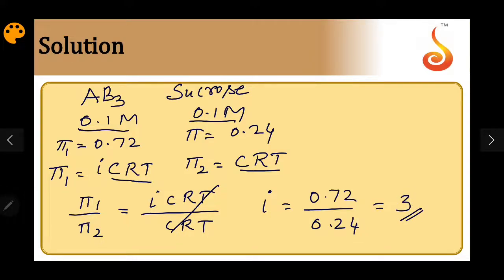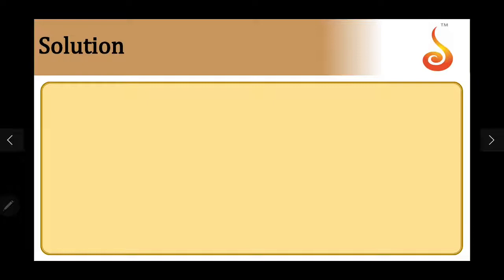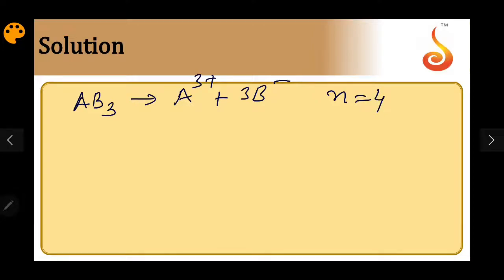If I is 3, what is n value? AB3 means n is 4. AB3 gives A3+ plus 3B minus, so n is equal to 4. So alpha is equal to I minus 1 by n minus 1.